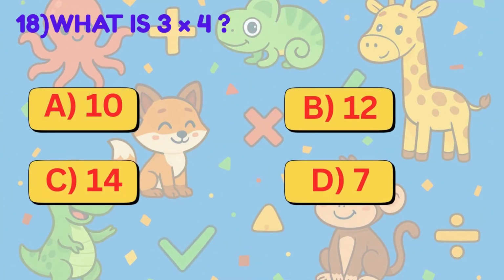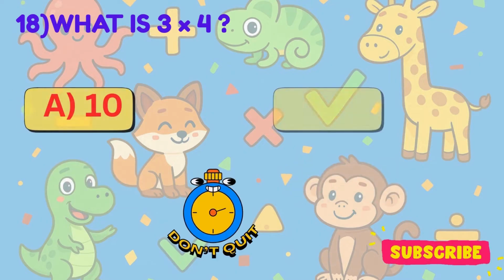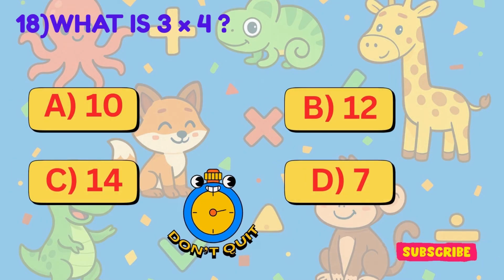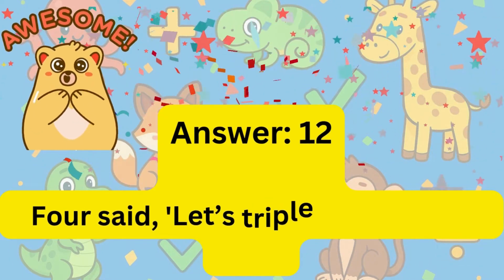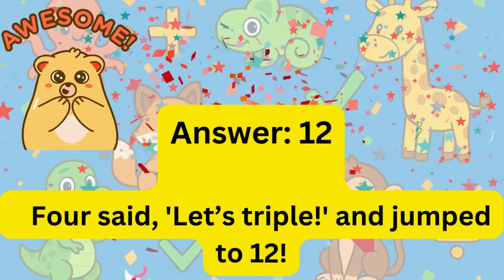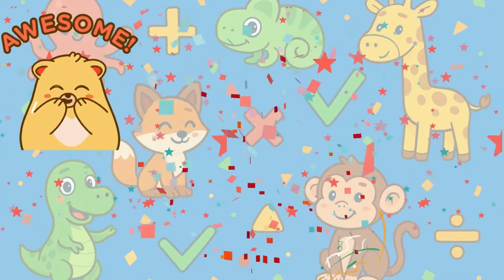What is 3 times 4? Is it A, 10, B, 12, C, 14, or D, 7? Correct answer is 12. 4 said, let's triple, and jumped to 12.